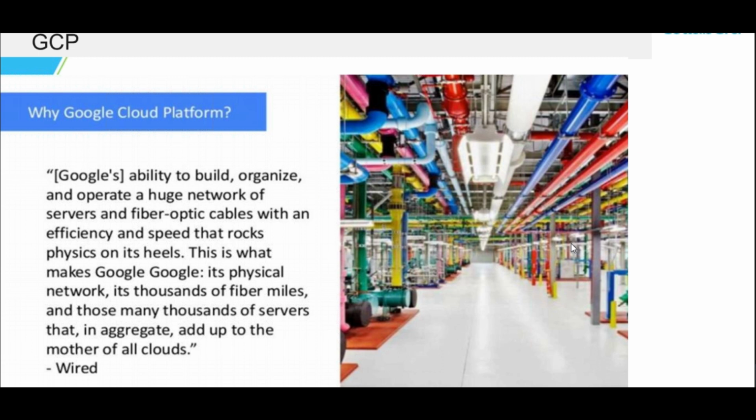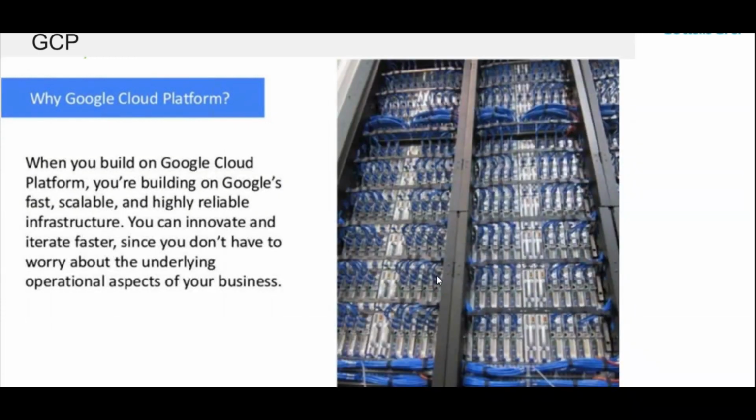If I do a comparison, Google, Azure, and AWS are all very big in their infrastructure across the globe. AWS also has a very big cloud infrastructure. Some say that AWS is the largest cloud infrastructure as well. That is a different thing altogether. So when you build on Google Cloud Platform, you are building on Google's fast, scalable, and highly reliable infrastructure.